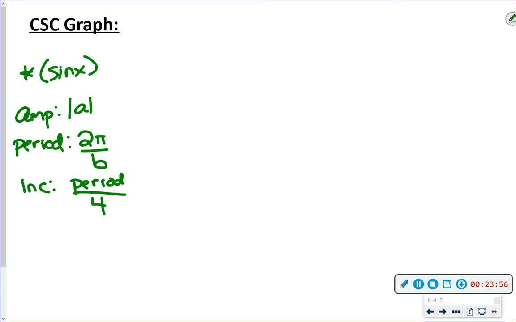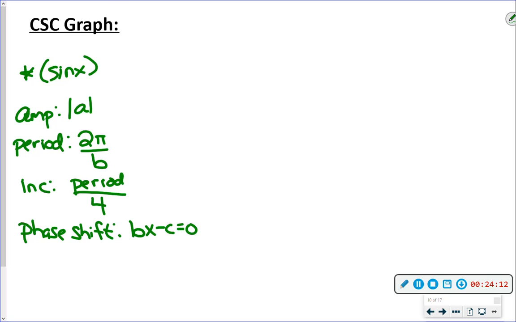Now, there could, of course, be a phase shift and all of that sort of good, fun-filled stuff. Let's add on the phase shift just for fun, because we're going to need that. You set whatever's with x to 0, and, of course, solve it.